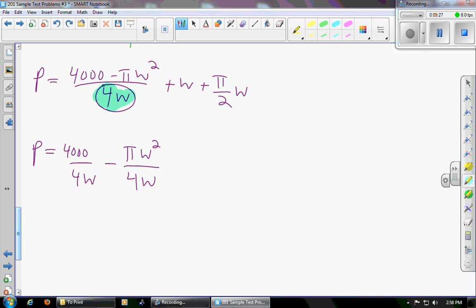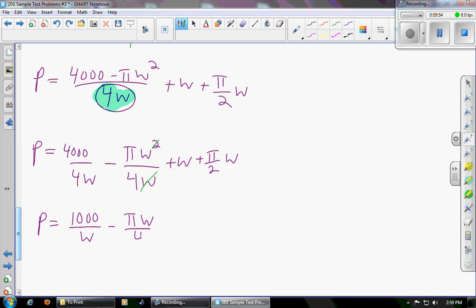It's just multiplication. And then we'll copy the rest of this, plus W plus pi over 2W. And then one more thing simplifies. We can go ahead and cancel one of these W's here with the W that's downstairs. So last rewrite, and then we finally get to take a derivative. Hooray. Oh, I guess 4,000 and 4 cancel as well. So we'll make that 1,000 over W.